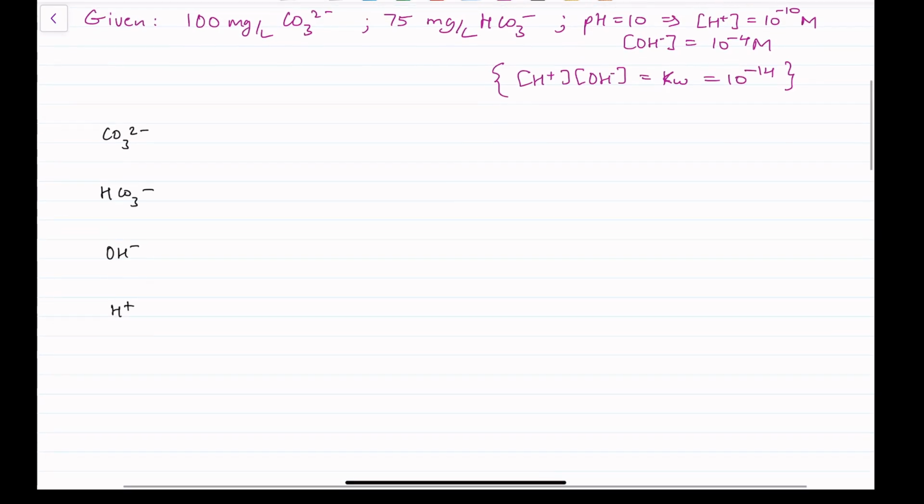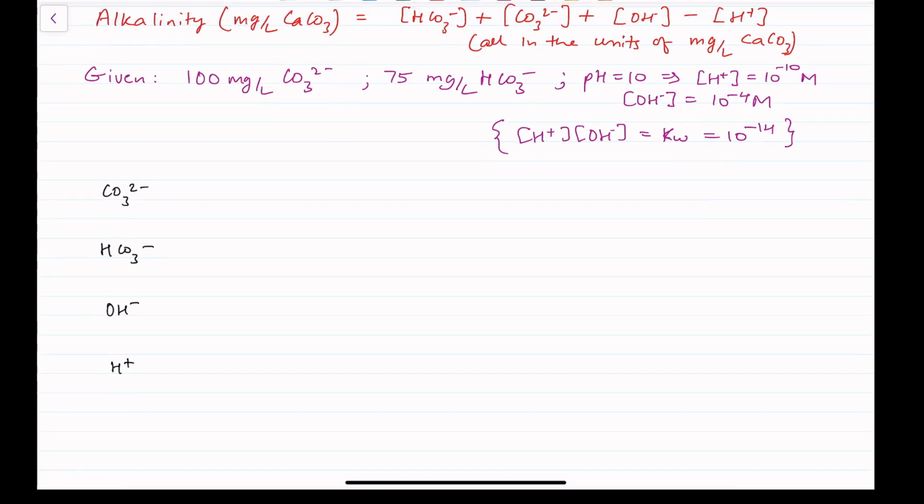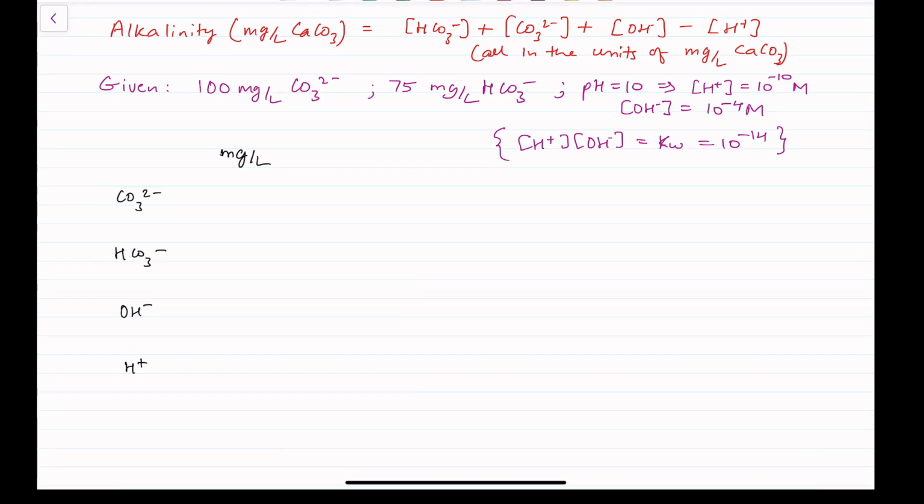Next I will write their different concentration units. This is milligram per liter as ion. And then let's also write down their molecular weight and their n, which is the valency factor.